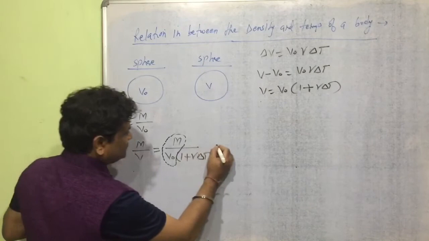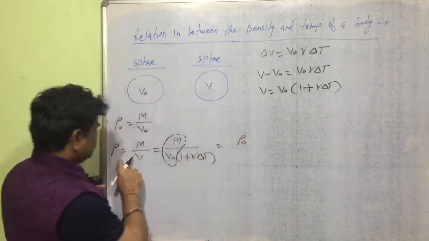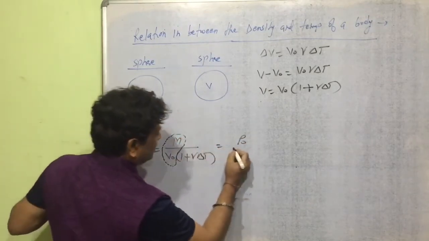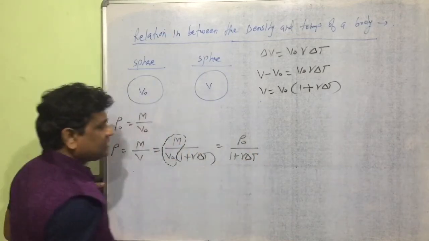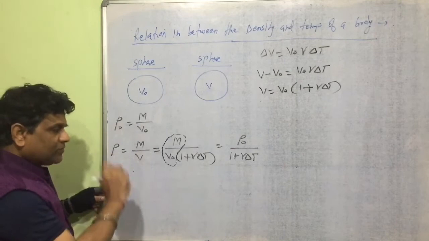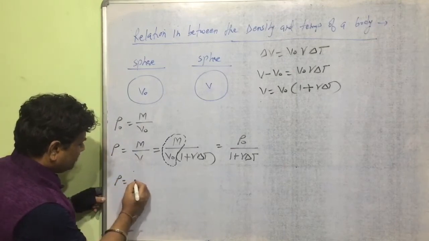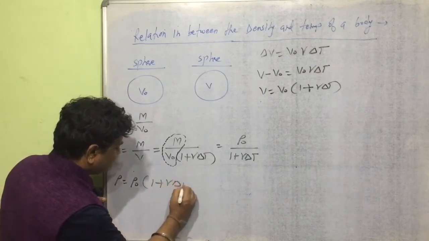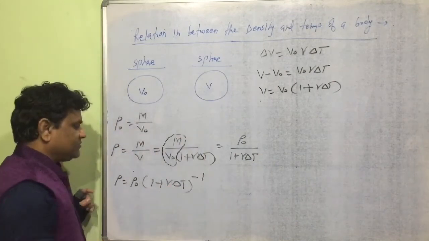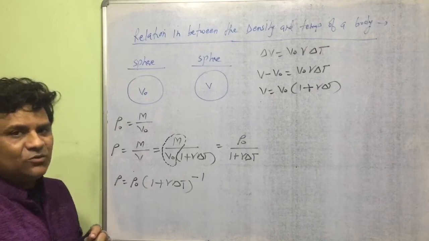So rho is equal to rho naught divided by 1 plus gamma delta T. Or we can simplify: rho will become equal to rho naught into 1 plus gamma delta T to the power minus 1.